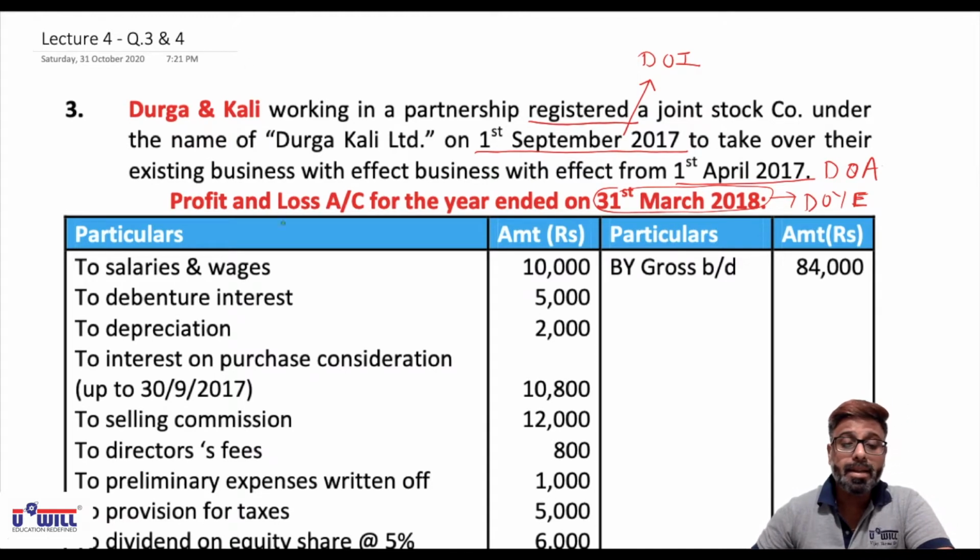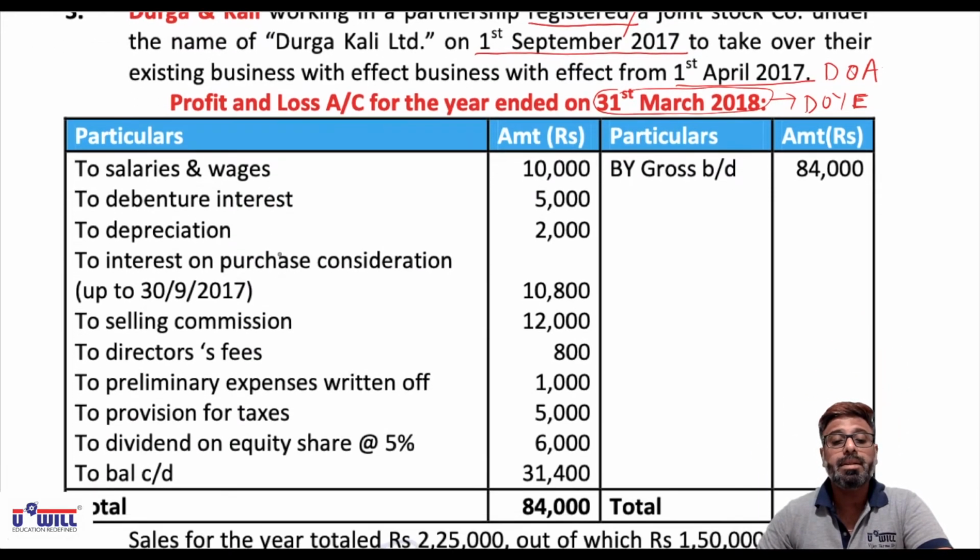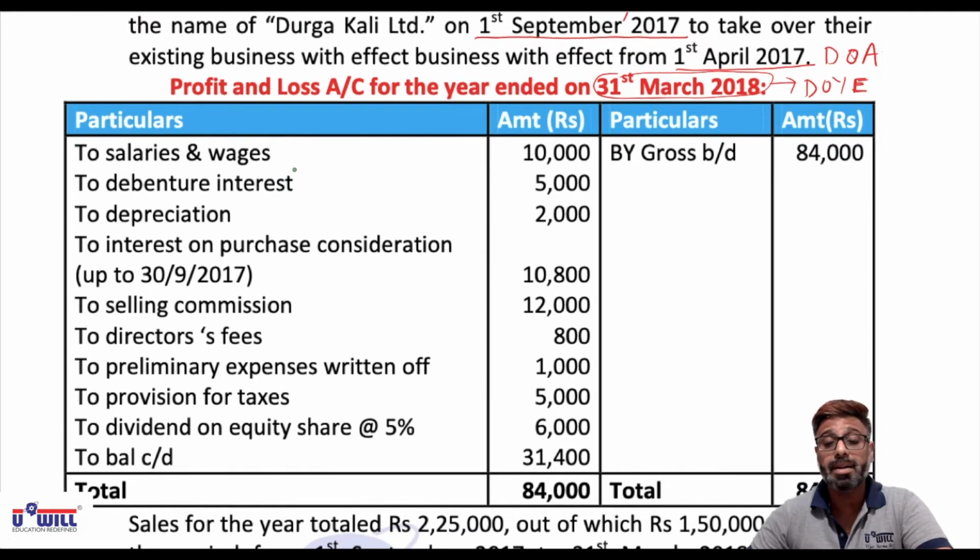Now, in green ink, we will mark the place where it will come in the P&L statement, and in blue ink, we will mark the basis: time basis, sales basis or actual basis. Salaries and wages will come in employee benefit and will be taken on time basis.